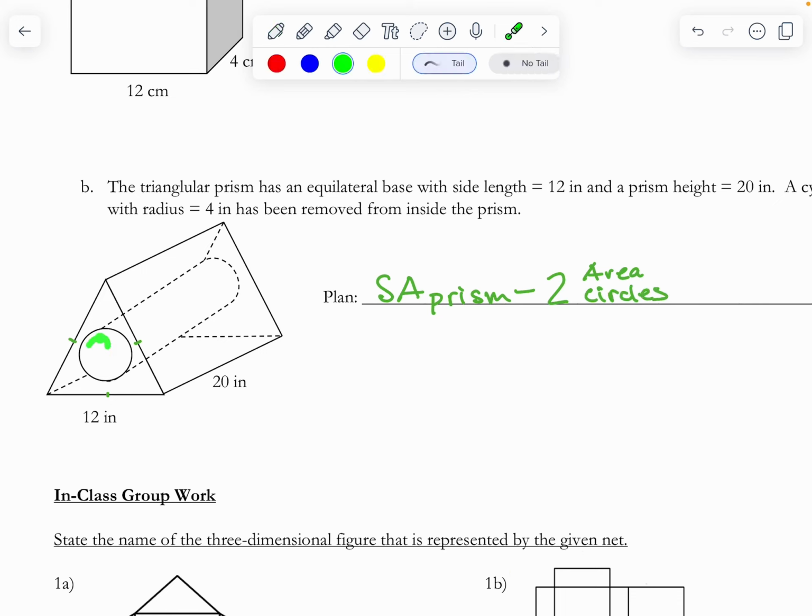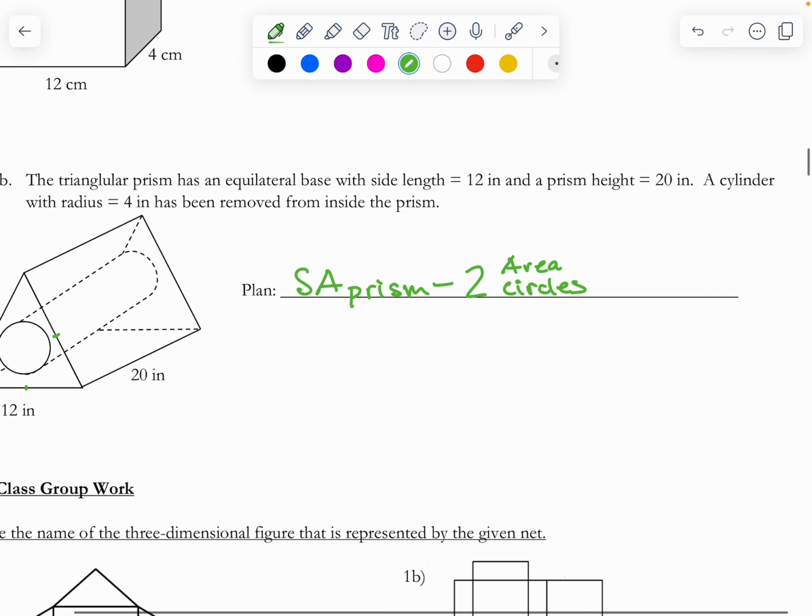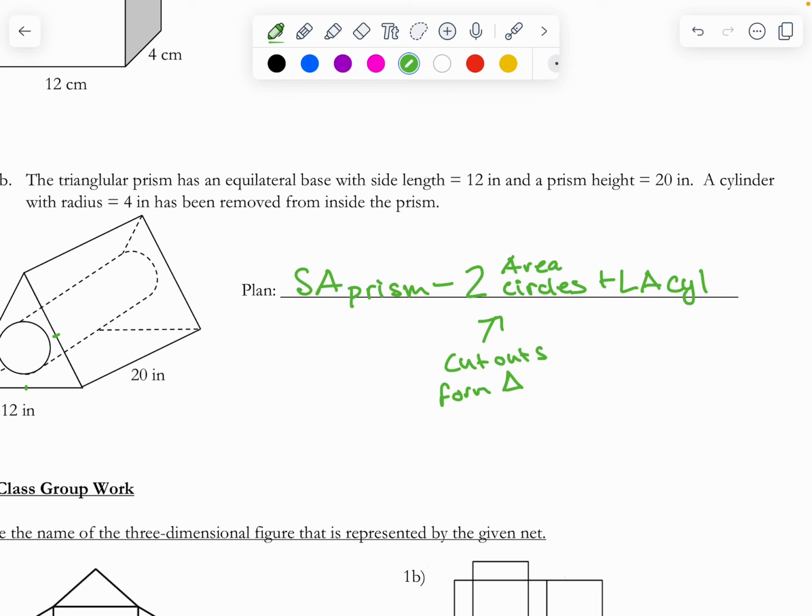But we have the lateral area of the cylinders here. So lateral area of the cylinders. And that should give me my plan of attack. Remember, these are the cutouts from the triangle bases.